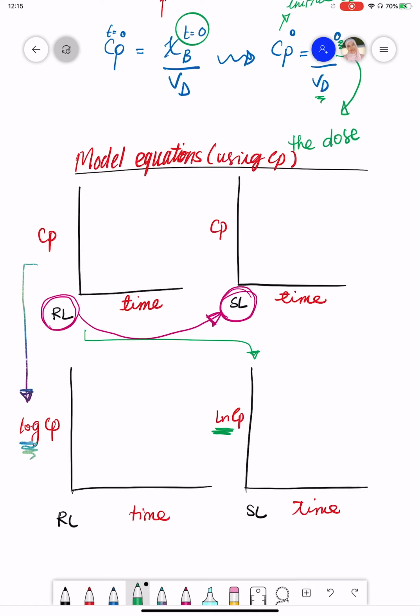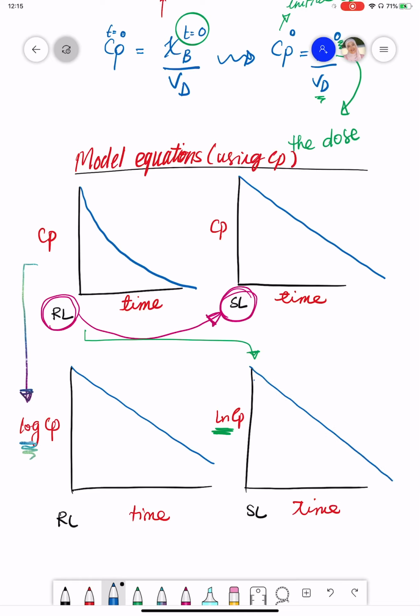So let's go and draw it for each one of them. I have the first one, which is the exponential, because it's on rectilinear. This one is semilog, so it will seem visually to us that it's linear. This log transformation will be linear, and this ln transformation will be linear.